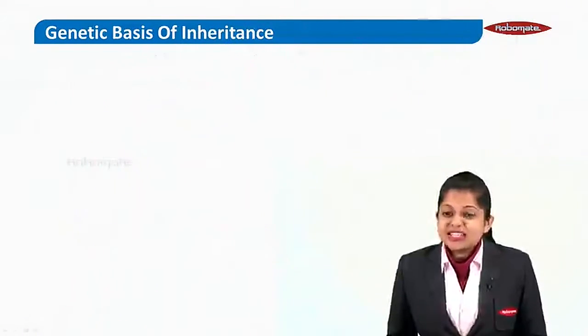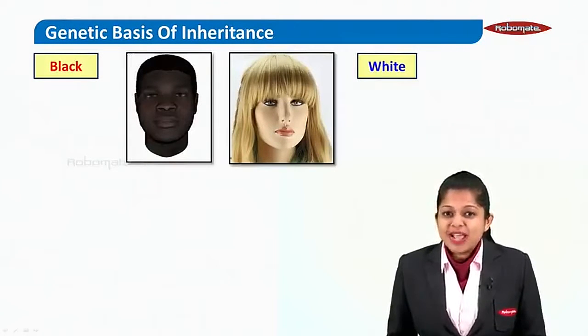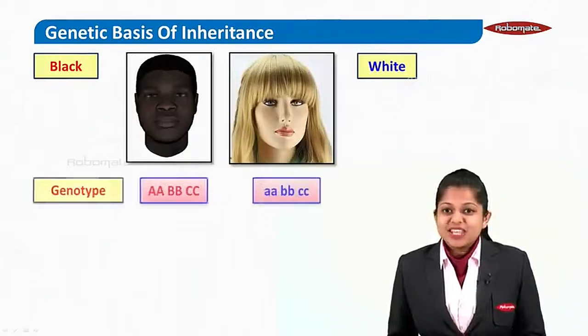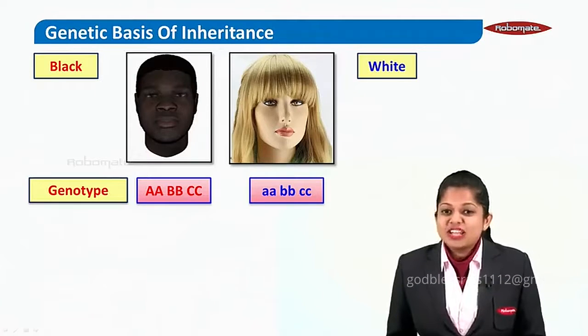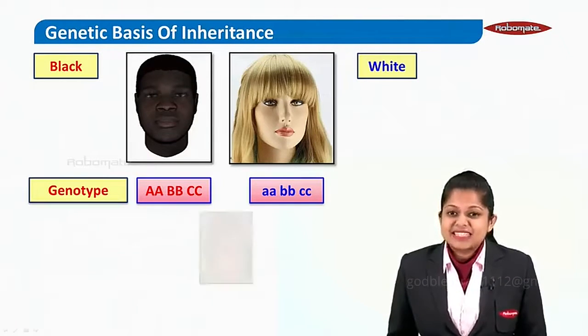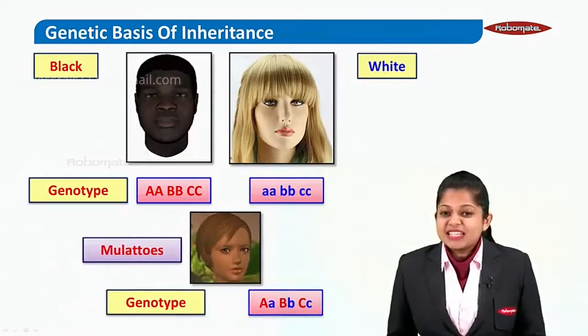So students, let us now study the genotype of the humans in detail. We have black and white humans here, with the genotype of black being completely dominant, whereas the genotype of the white is completely recessive. They produce mulattoes, having a genotype of an intermediate trait, that is heterozygous dominant.